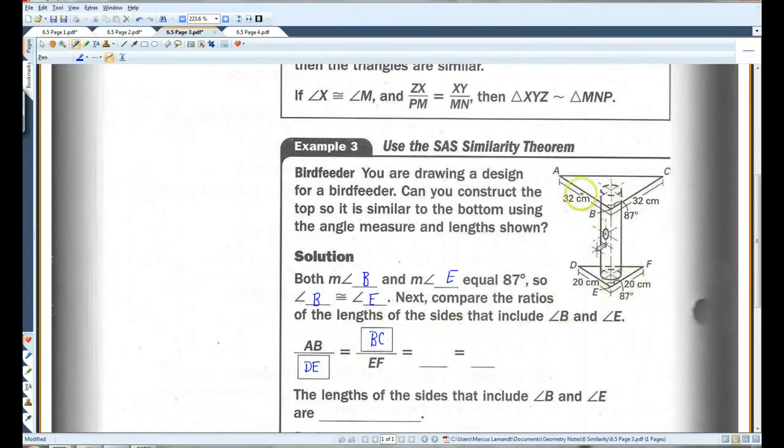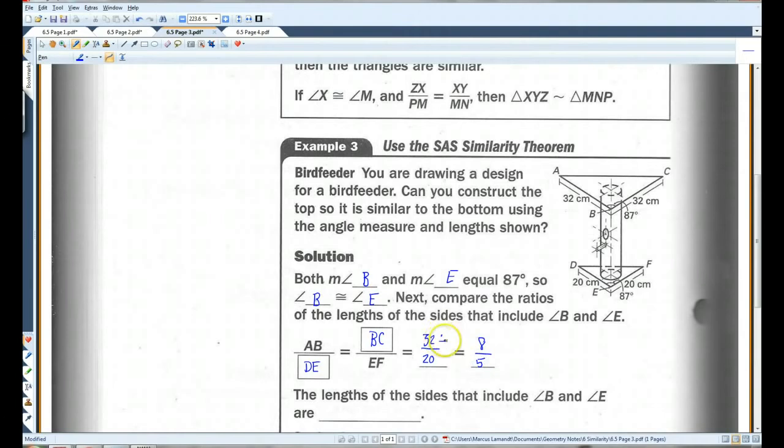Okay, now, we actually are given the measures of each of these sides. AB is 32. DE is 20. BC is 8. Or, actually, you know what? They are the same thing. 32, 32, 20, and 20. This simplifies to 8 over 5.